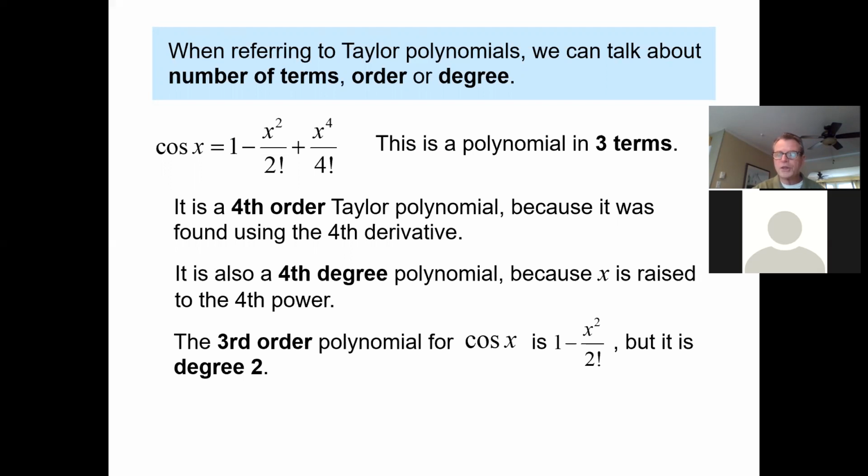But the third order, because that third derivative is giving you a 0, this thing is third order, but it's just degree 2. Because you kept going plus 0. So that's the distinction they're making there. The degree and the order aren't necessarily the same. Okay.